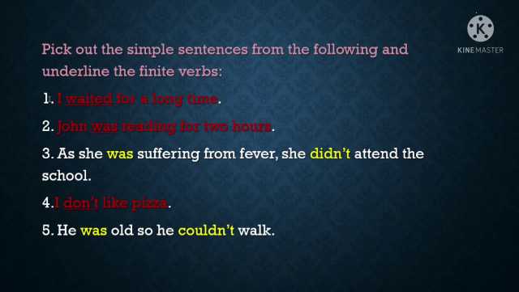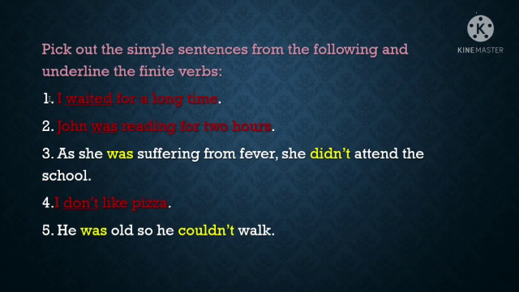So see the first clause, we have she and was. She is the subject and was is the finite verb. See the next clause, she is the subject, didn't is the finite verb. So in this sentence we have two finite verbs. So it cannot be a simple sentence, because in a simple sentence we have how many finite verbs? Only one finite verb. Do you understand?